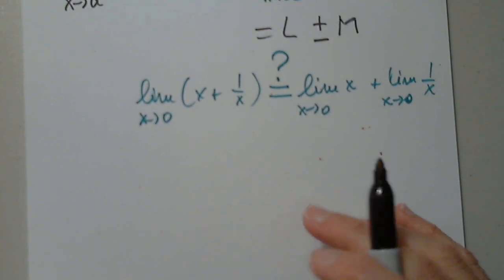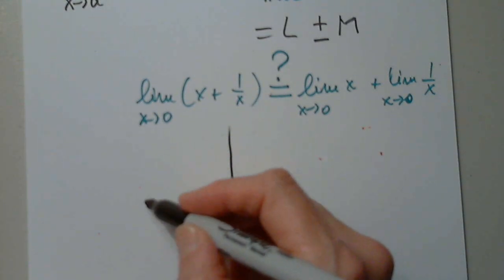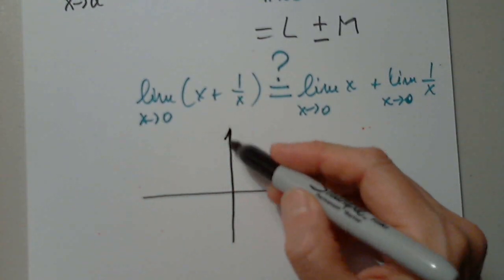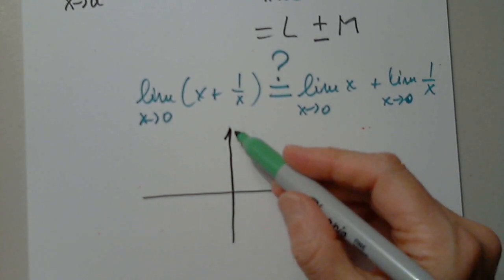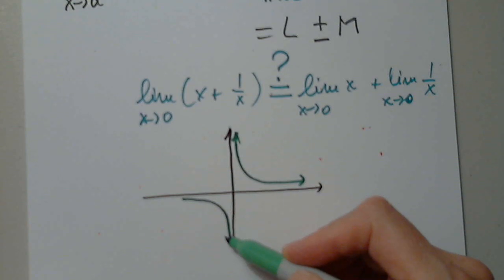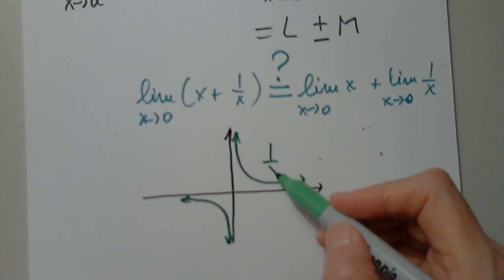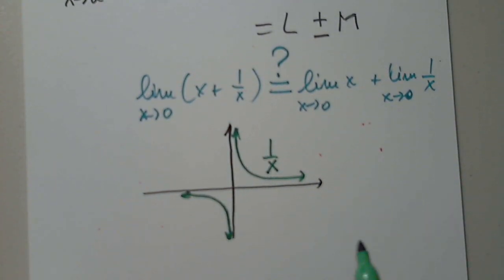I need to refresh your memory on how to graph 1 over x. This is a very important function. Please remember it forever so we don't have to go back and graph it all the time. So what is the limit from the left of 0 for this function?